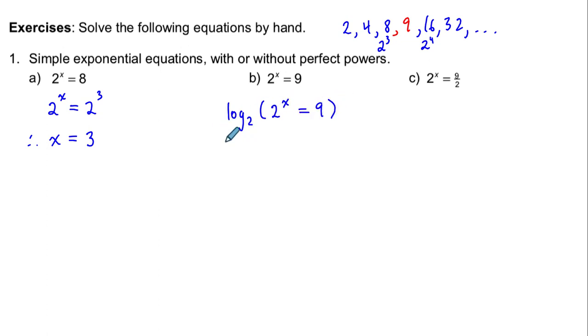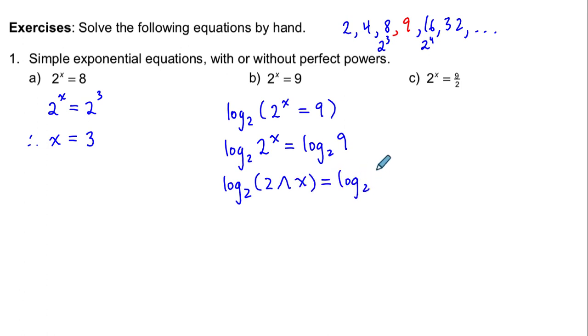So we apply log base 2 to both sides of the equation. We get log base 2 of 2 to the x equals log base 2 of 9. Now another way to write 2 to the would be to use the caret notation. And it's a little bit easier in this case for us to recognize that log base 2 and 2 to the cancel, leaving us with x.